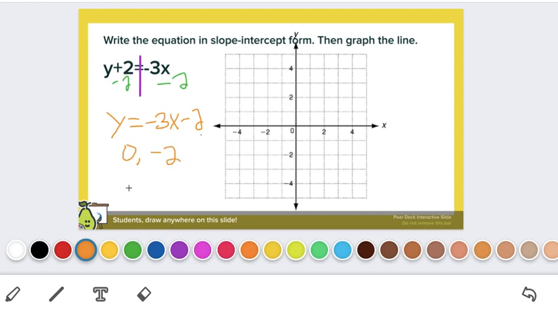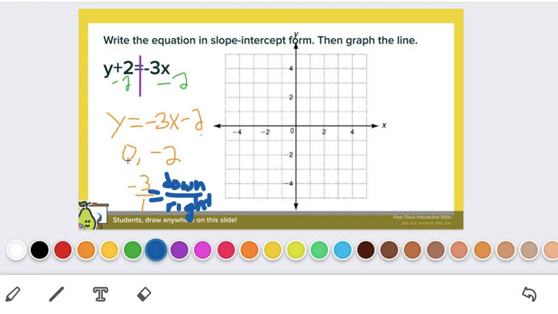And then our slope is -3, which we're going to write as a fraction, -3 over 1, so we can see our rise and we can see our run. And we can see that our rise is negative. We have a negative slope, so we're going to go down. But we're still going to go to the right because that's how negative slopes work. They go down and to the right.